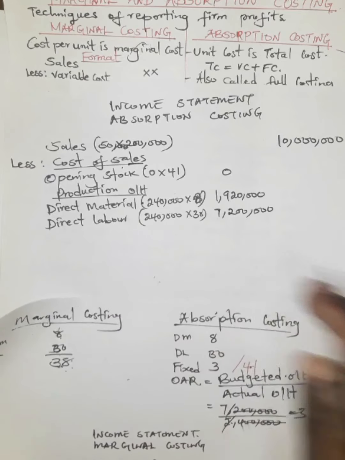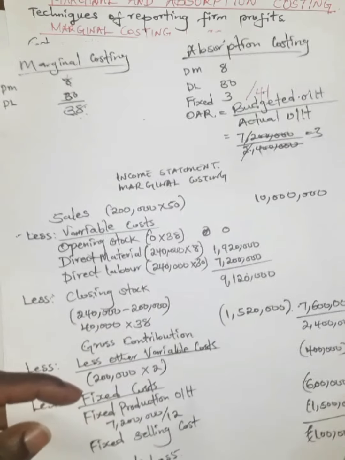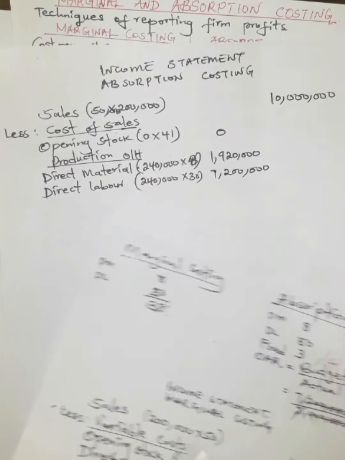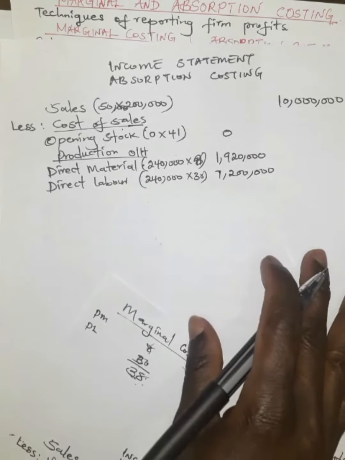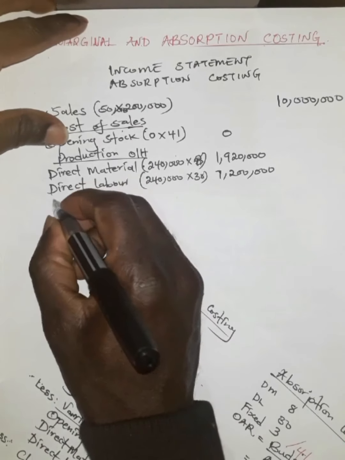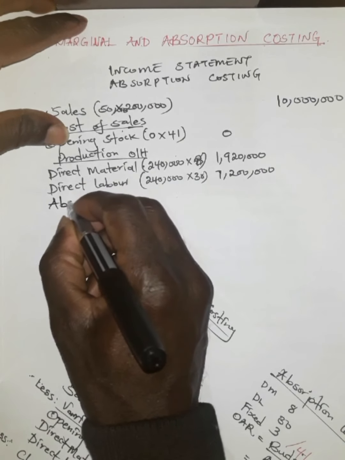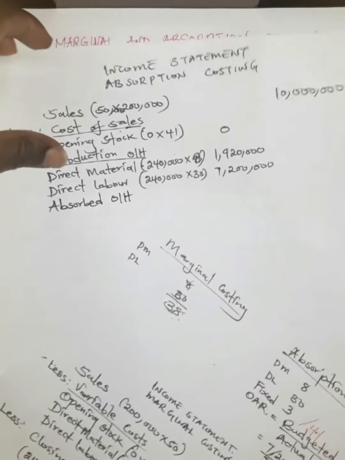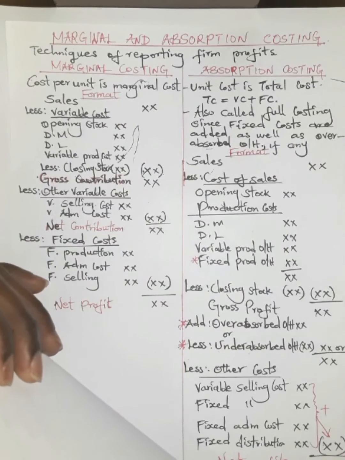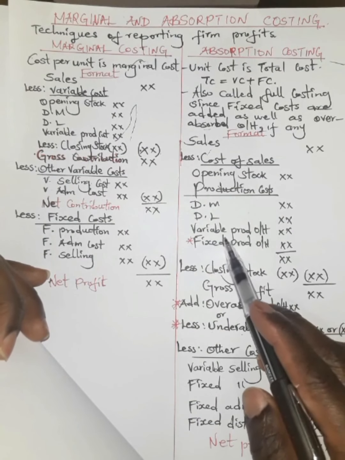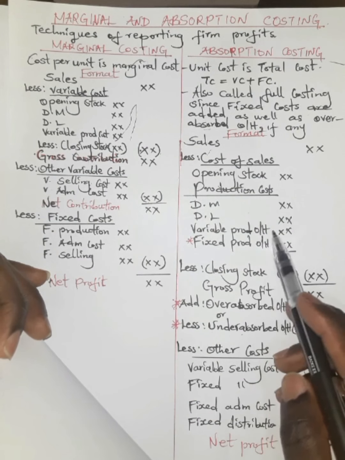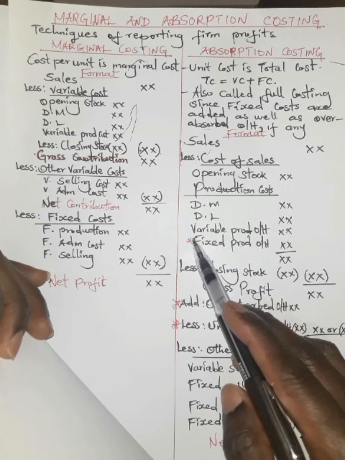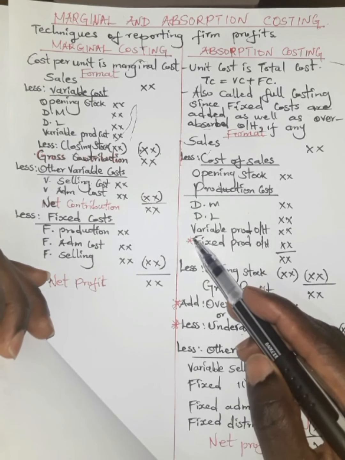Then what makes the difference? Before we factor in the closing stock, we talk about what is known as absorbed overhead. This is what brings the difference. Remember, if you look at our formula, after variable cost we don't have the variable production overhead; now we have the fixed production overhead. The one I've highlighted is the absorbed overhead.